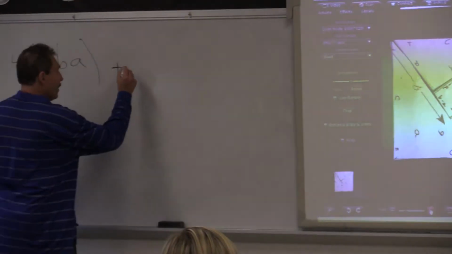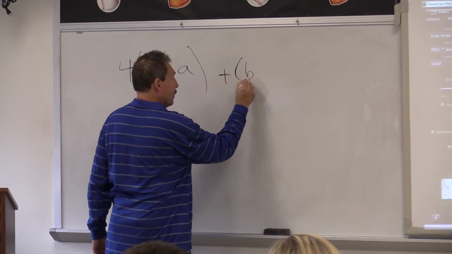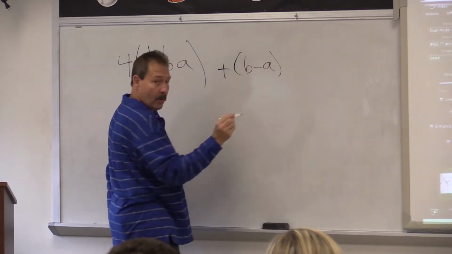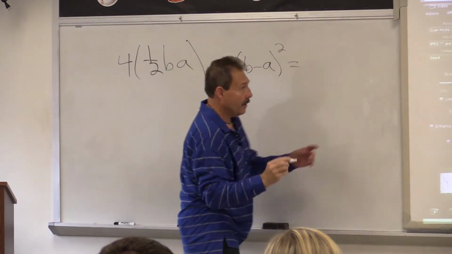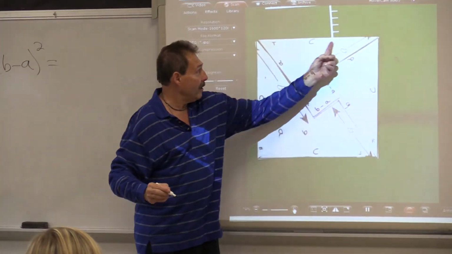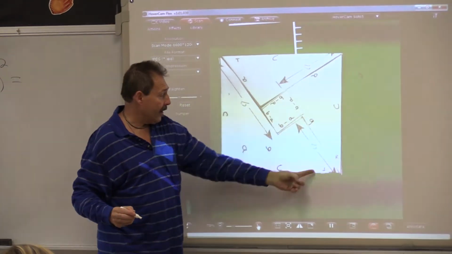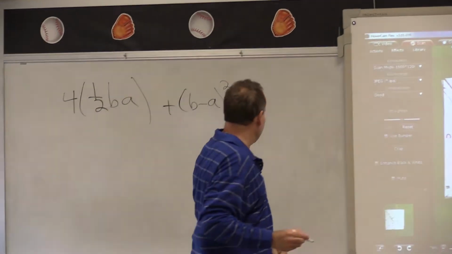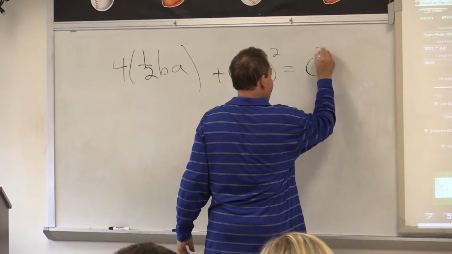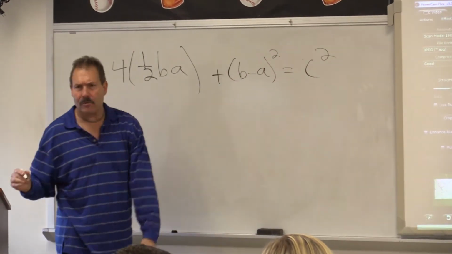What did we say it was? It's a square, and the area of a square was each side squared. How long is that side? C. The area of the whole square is C squared, right? That's a no-brainer. So let's see what happens when we do some algebra.